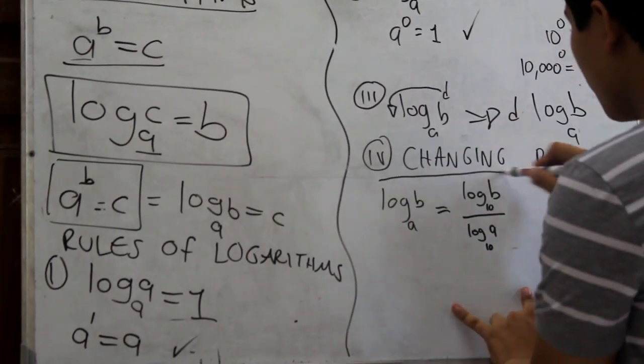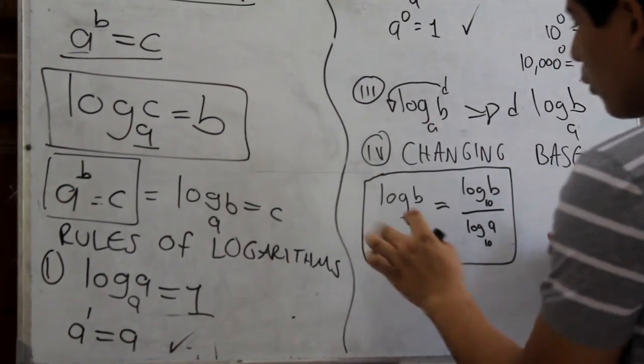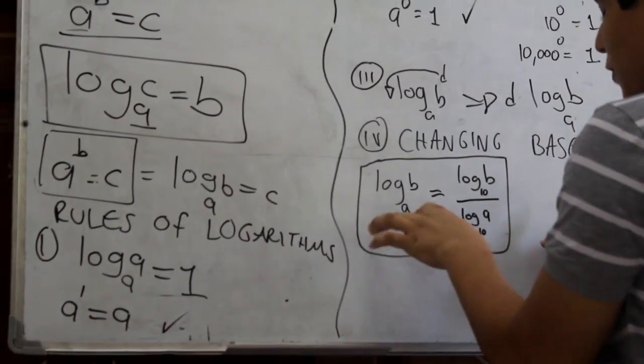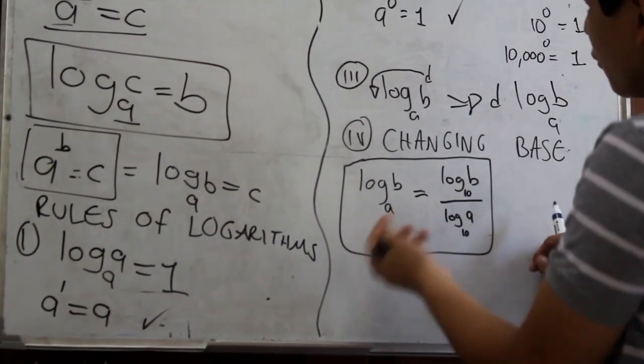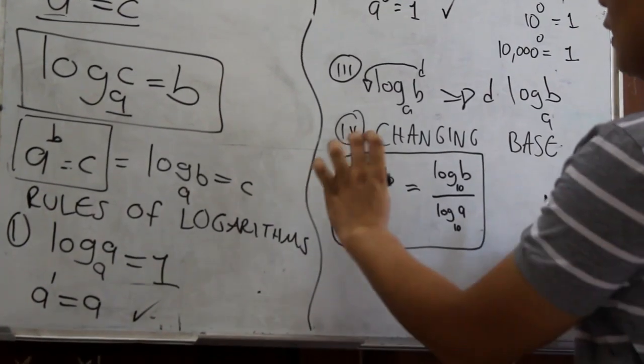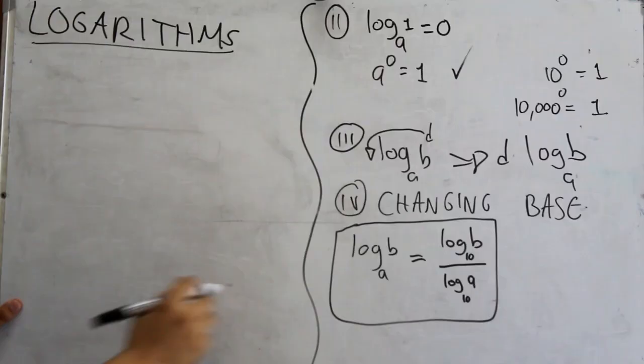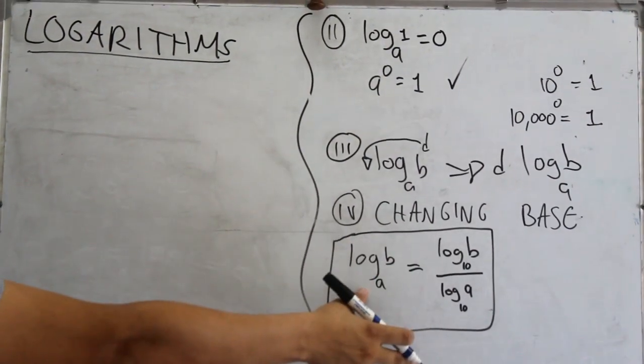This is a very important rule in mathematics, which we usually use to simplify logarithms. And you may be wondering, how is it true? I would like to prove it to you. I'm going to prove this rule here.